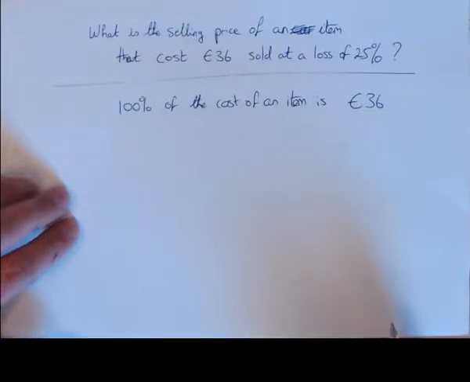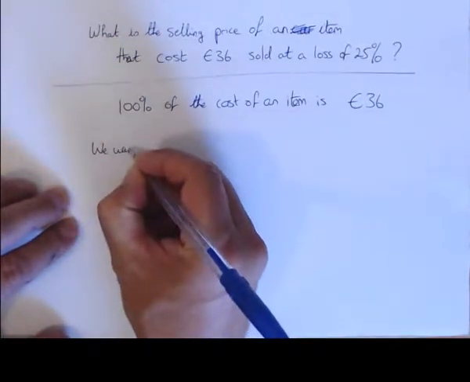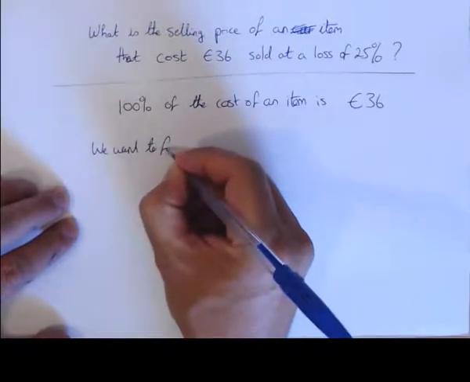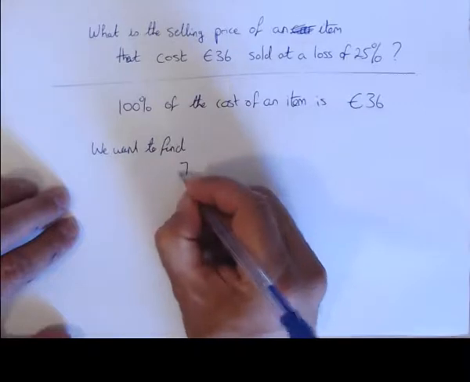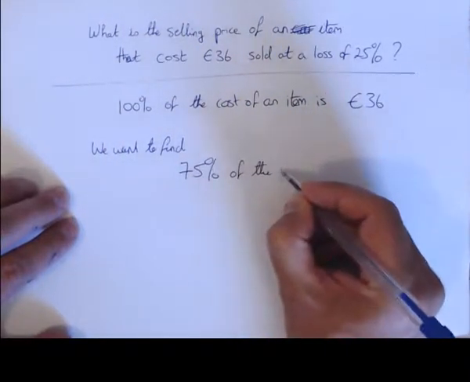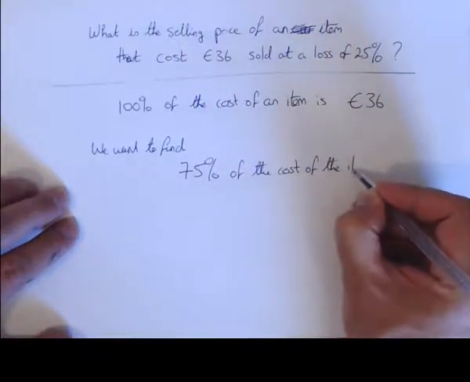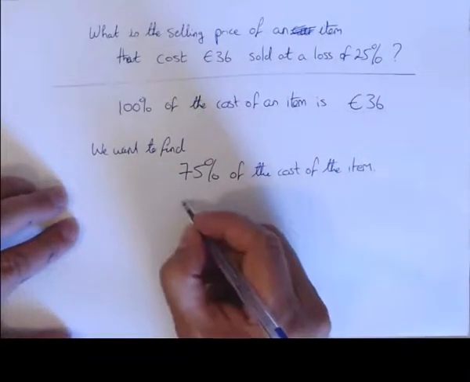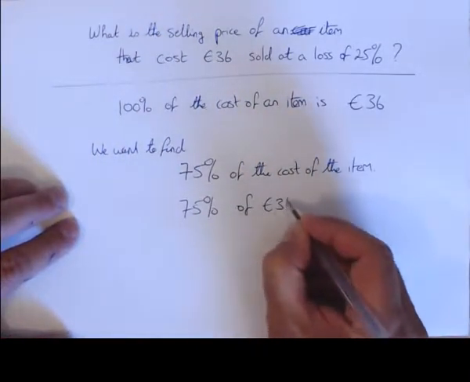So 100% of the cost of an item is €36. If it's sold at a loss of 25%, we want to find, and you practiced this yesterday, 75% of the cost of the item, meaning we want to find 75% of €36.